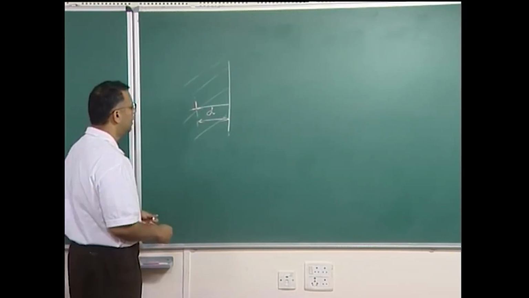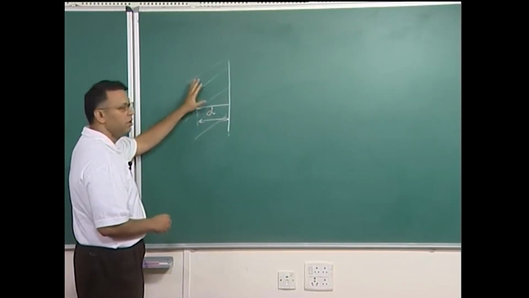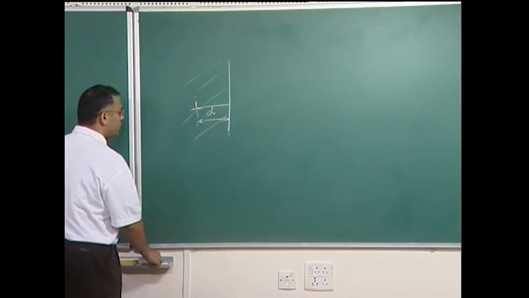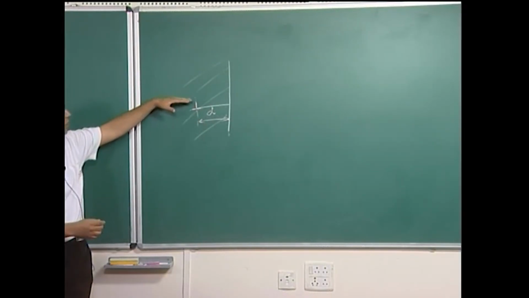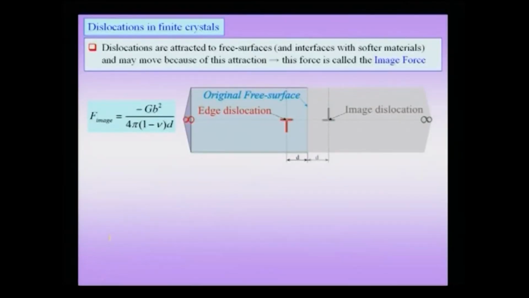This implies that this dislocation is not located in a symmetric way with respect to the material. There is a certain asymmetry with respect to the right and left. Of course, I will assume that the top and bottom are infinite for now, and therefore, such a dislocation is asymmetrically positioned with respect to the material. And such a dislocation actually feels a force towards the free surface, and this force is called the image force.